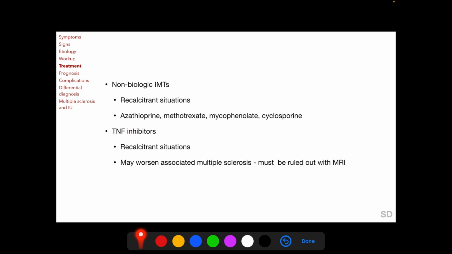TNF inhibitors like adalimumab and infliximab are also an option in recalcitrant situations. However, before administration of TNF inhibitors, an MRI of the brain is advocated so that associated multiple sclerosis is ruled out, as multiple sclerosis is known to be worsened by TNF inhibitor therapy.